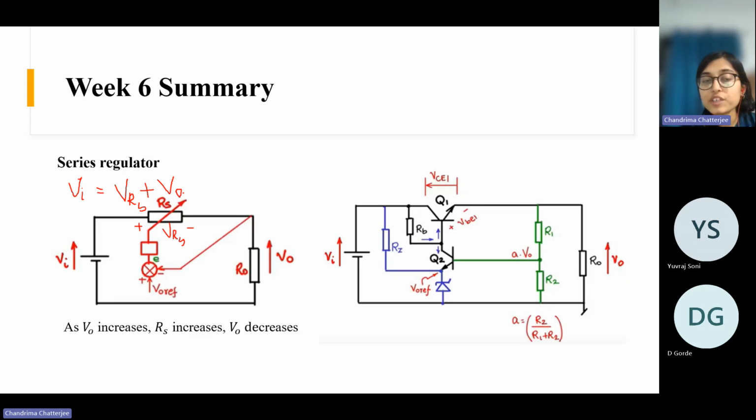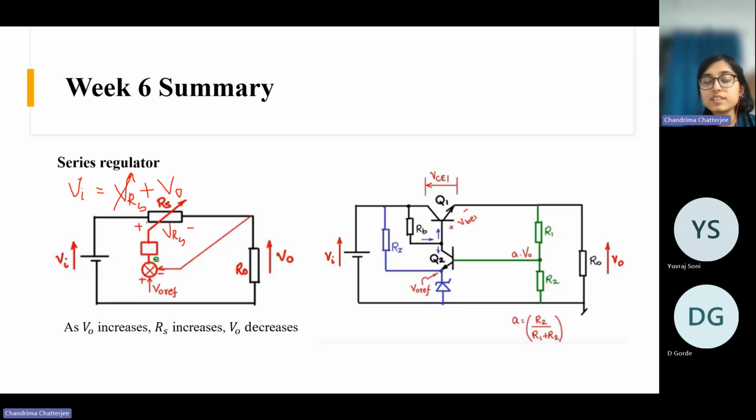So suppose your V naught has increased. So if you increase this voltage, then again VO will come down. And similarly, if V naught comes down from the actual value, then you will decrease this value so that V naught again increases to its original value. Okay, that's what the controller does.